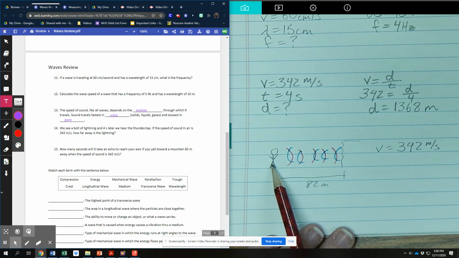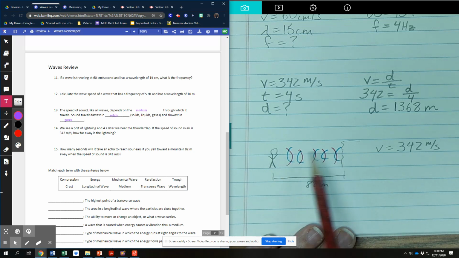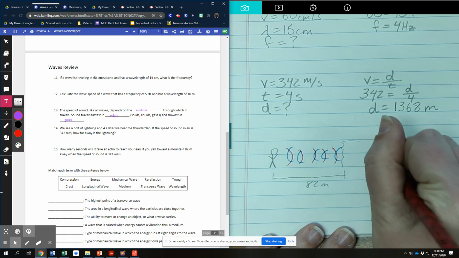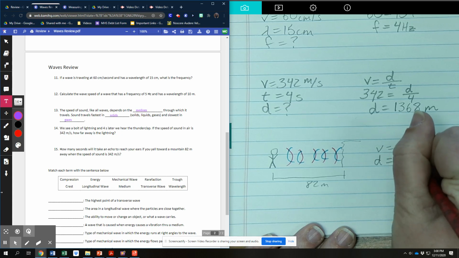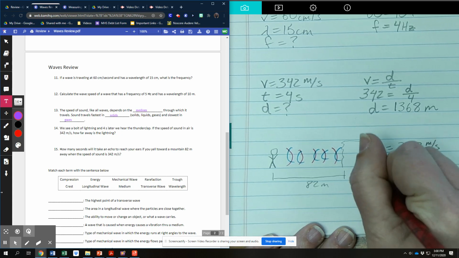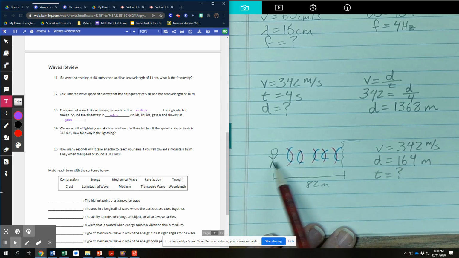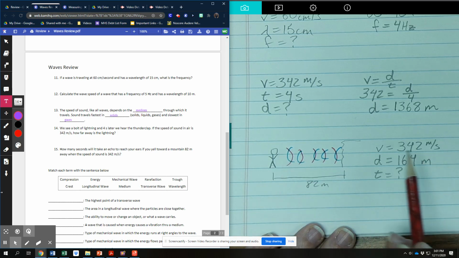That's another 82 meters, right? Because it has to go there and back. So the total is going to be 164 meters, because it has to go all the way there and all the way back. So we want to calculate our time.